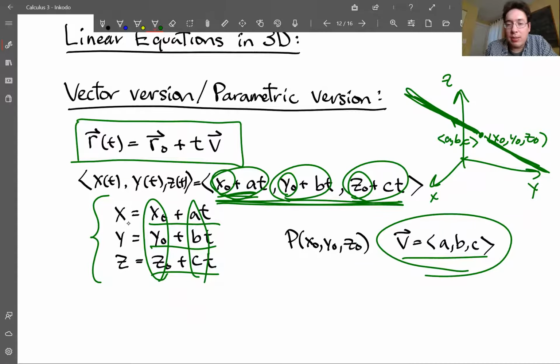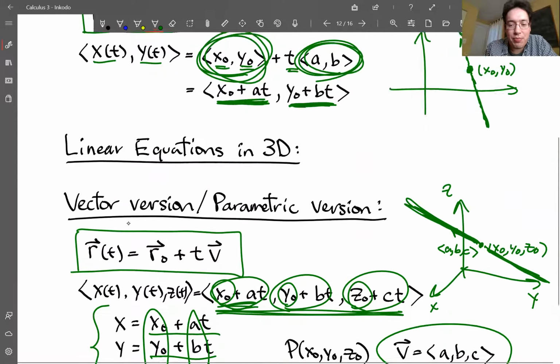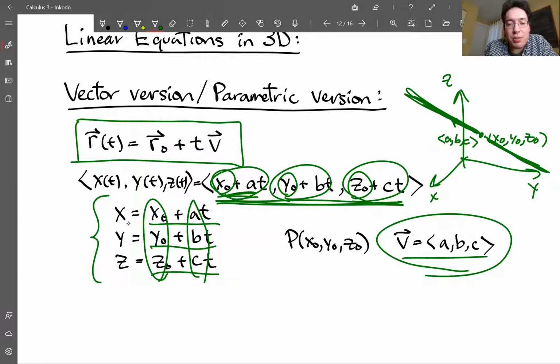Now let's look at an algebraic version of this formula. So in 2 dimensions, we were able to write down an equation of a line without bringing in this extra variable t. So how could you write this down as an algebraic equation that does not involve a fourth variable t here?